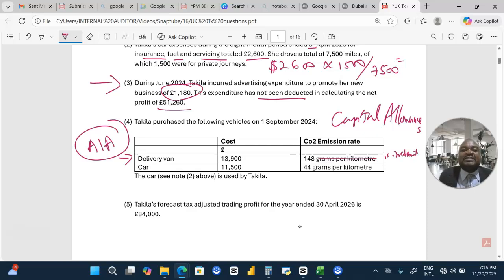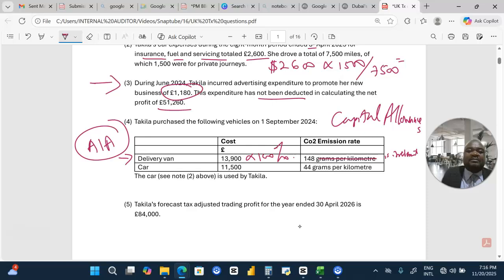So which means the full 100% of the expense has to be considered. It is going to be covered by this particular allowance. So a full capital allowance of £13,900 is going to be enjoyed.